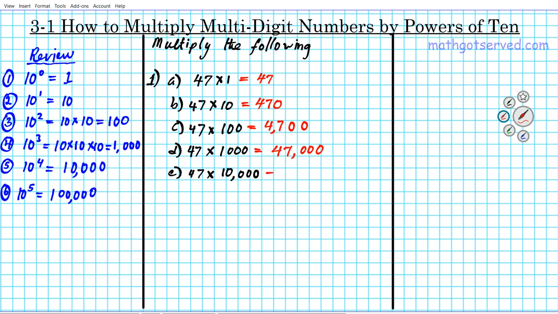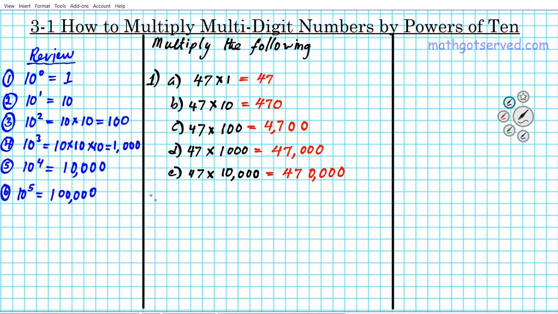And then 47 times 10,000, you're going to have 47 times 1, and then 47 times the zeros will all yield zeros, 4 zeros, 470,000. Okay? So there go the answers to question number 1A.